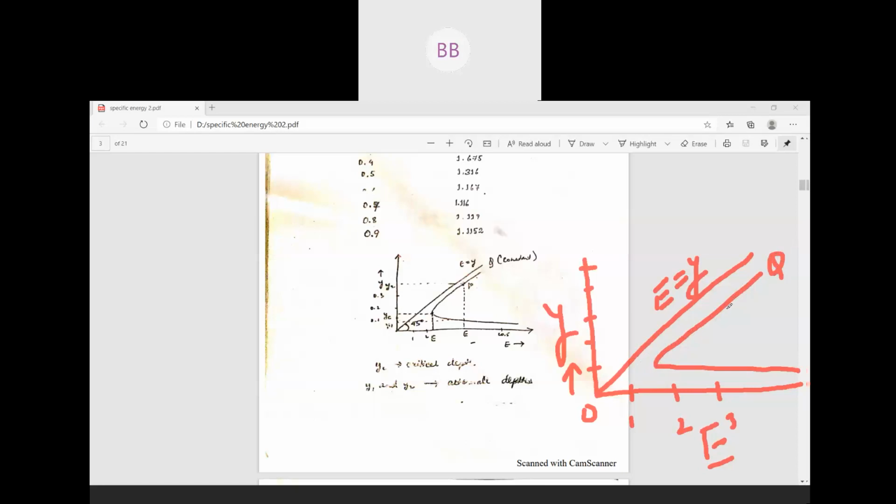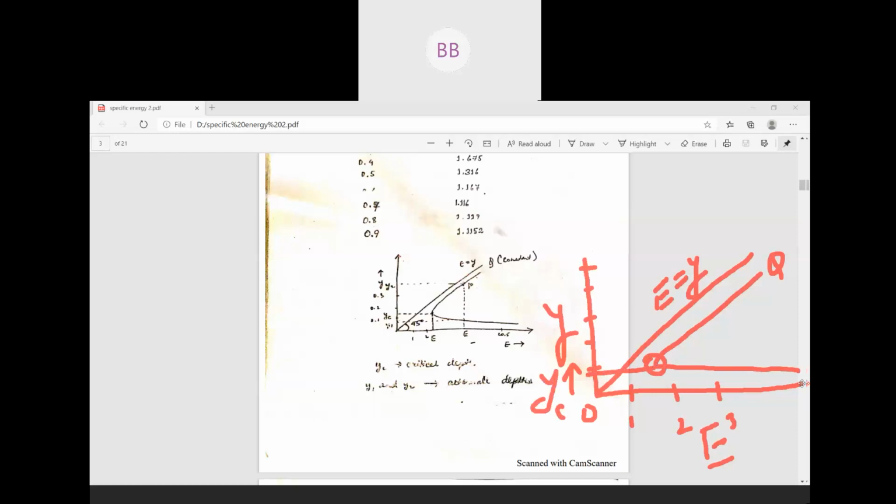Okay, understood? For this minimum specific energy, the depth corresponding to it is called critical depth, Yc.